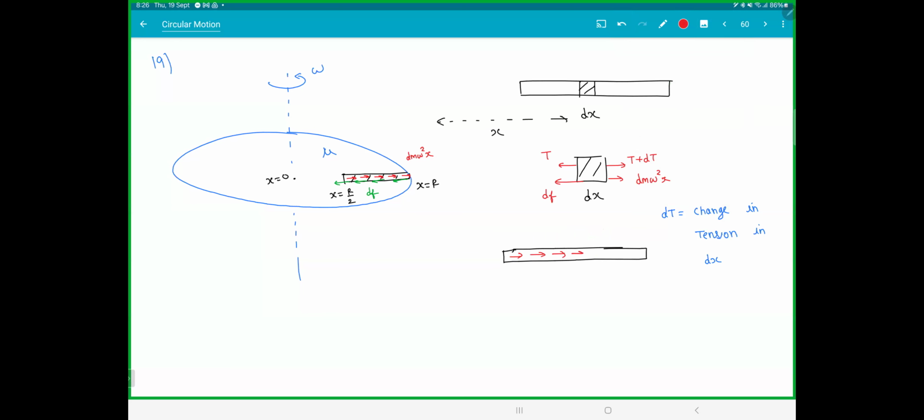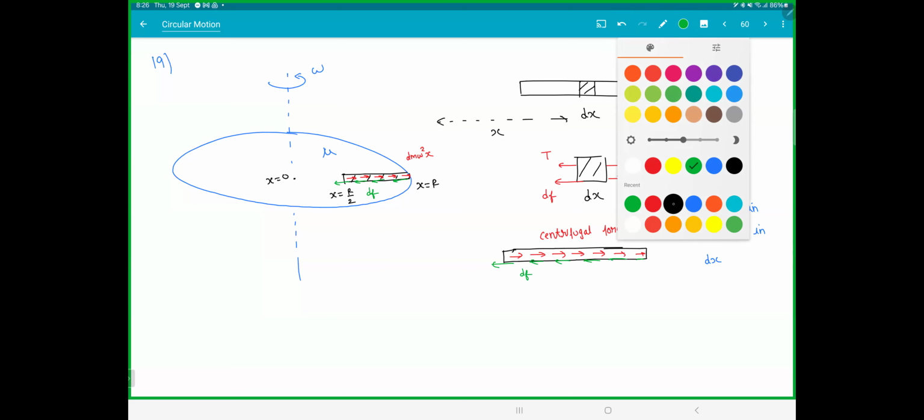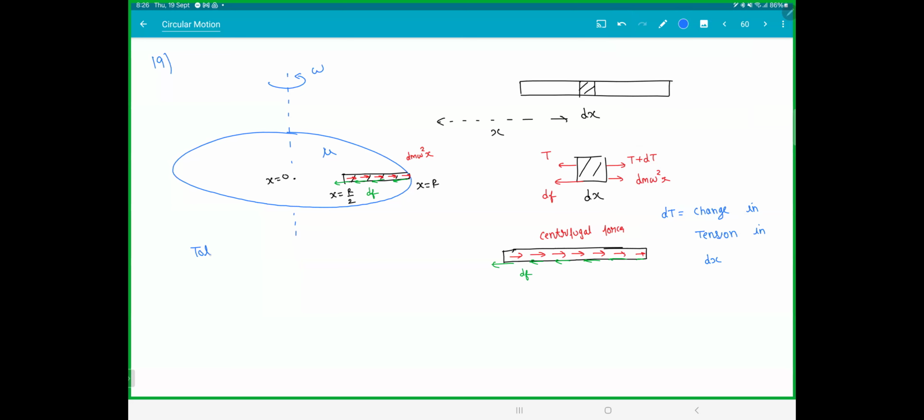All centrifugal forces will be away. All frictions will be inward. So I can write the total friction is equal to total centrifugal force. Can I write that? All the frictions acting on the rod must be equal to all the centrifugal forces.